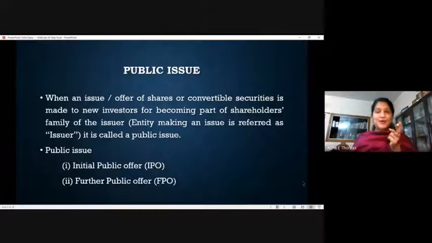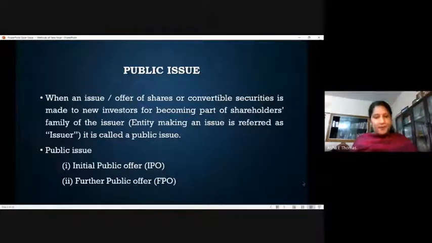Now, this public issue we can classify broadly into two. One is the initial public offer, which is very common, and the other is the further public offer, called IPO or FPO. As the name indicates, the initial public offer is the first or new issue made by a company to the public.